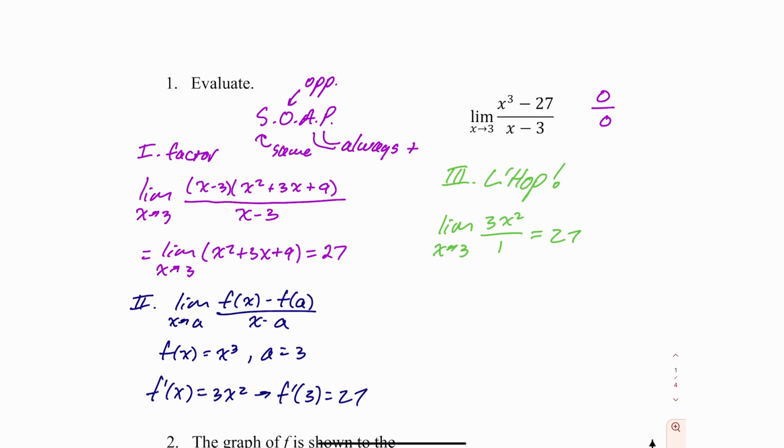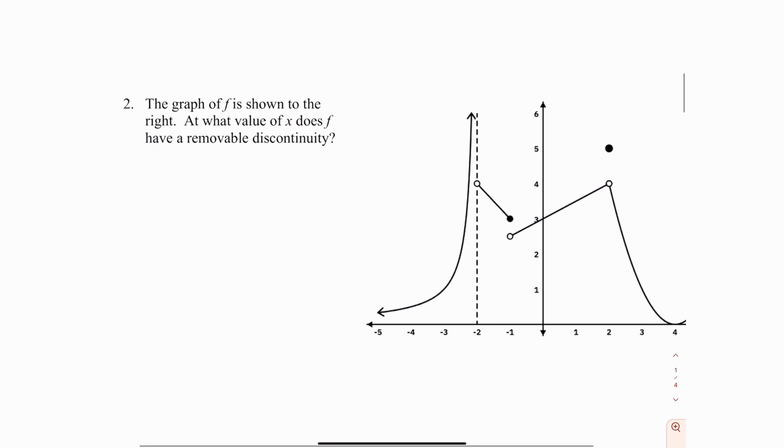No matter how you do it, that's what you're going to get. So 3 different approaches, all of them lead to the same answer. Doesn't really matter which one you choose. I think that most people probably actually go with this one, because once you learn L'Hopital's, it's like all you ever want to do. All right, let's look at the next question.